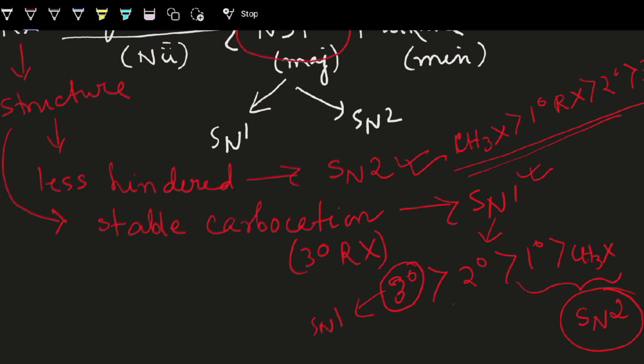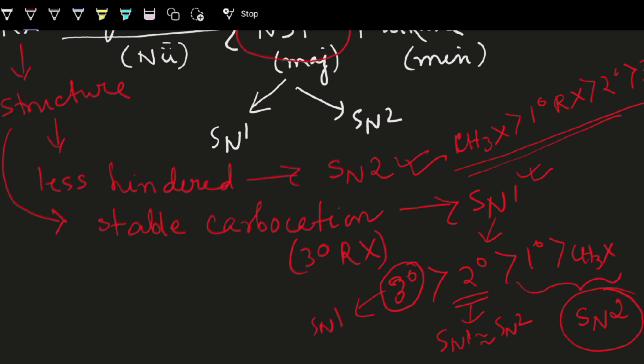But for a 2 degree alkyl halide, both SN1 and SN2 are equally probable, and elimination is also probable based on the structure.